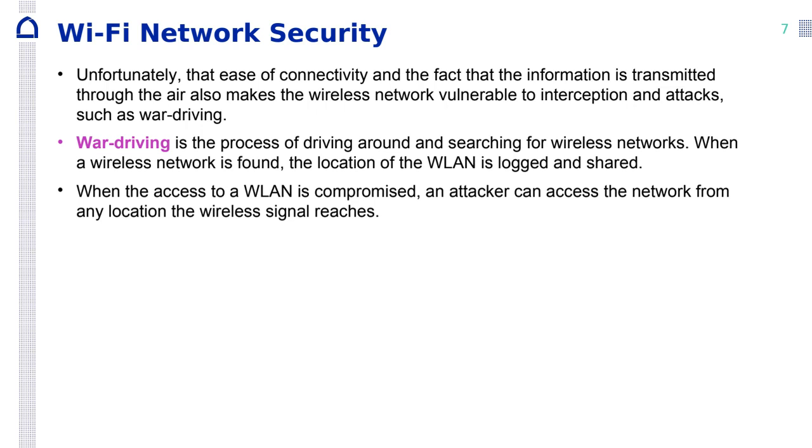It's the process of driving around and searching for wireless networks. When they find a wireless network, the location of the wireless LAN is logged and shared with other people. And when access to a wireless LAN is compromised, an attacker can access the network from any location.